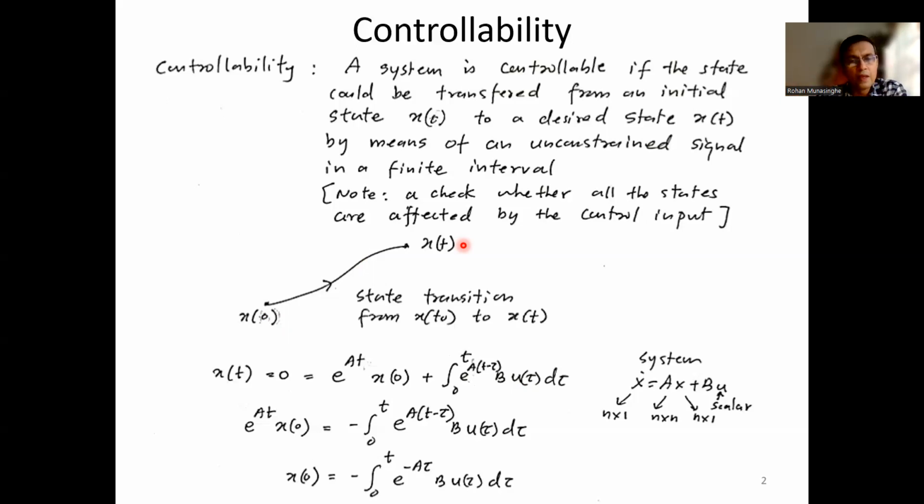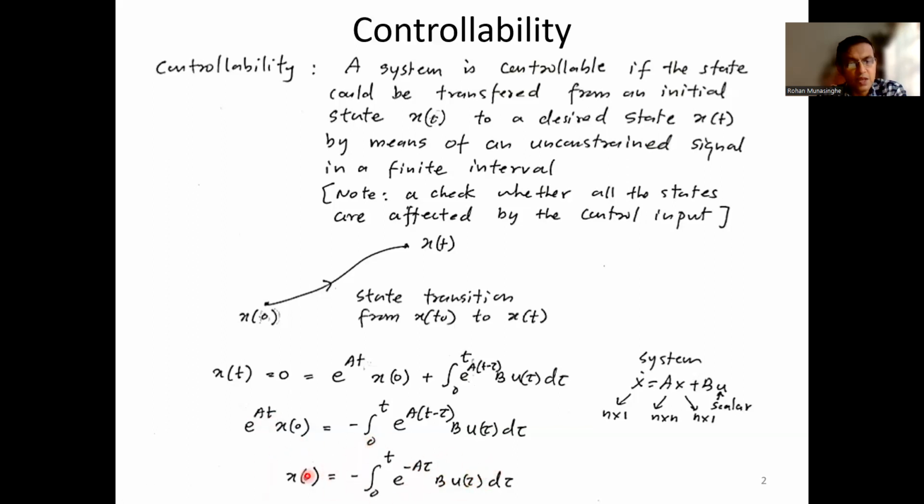When you do that, the left-hand side is 0. You have e to the At x0 plus this convolution integral. And you isolate x0, the initial state, on the left-hand side, and it will be like this. e to the At will go to the other side as e to the minus At.